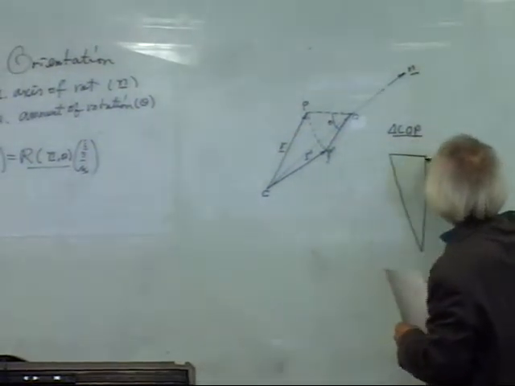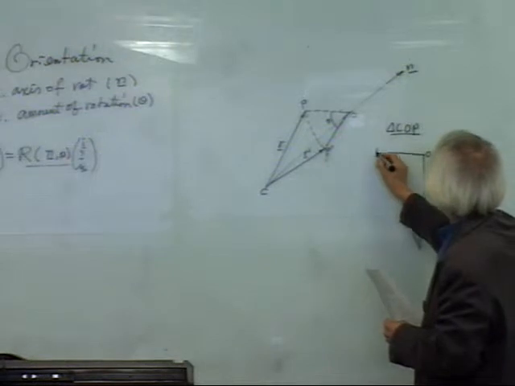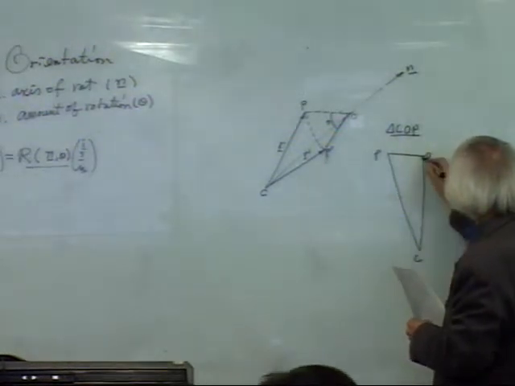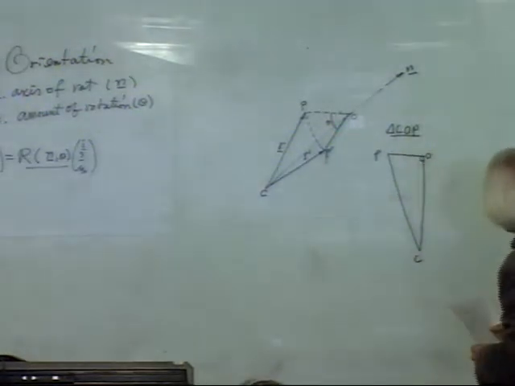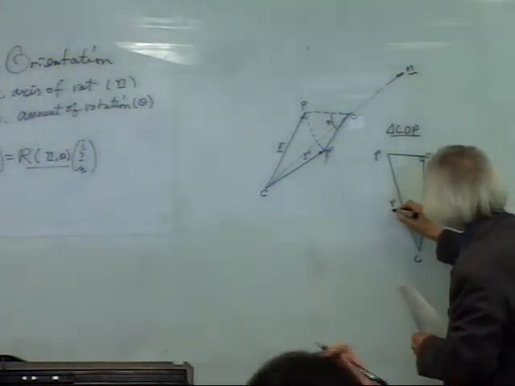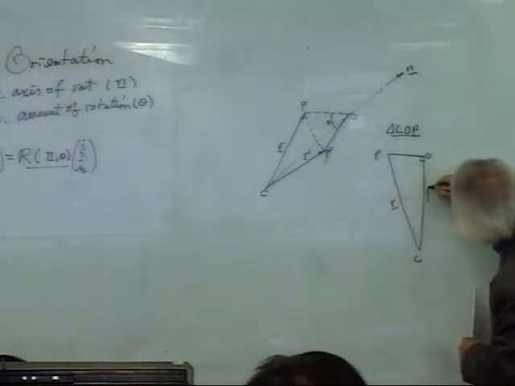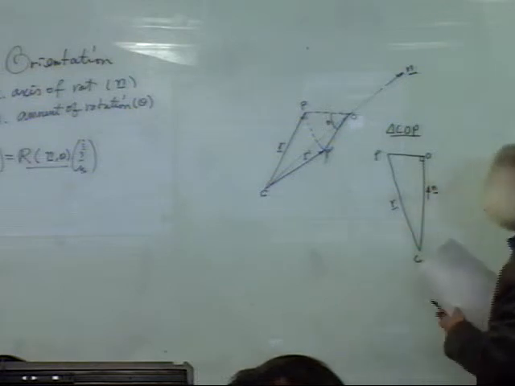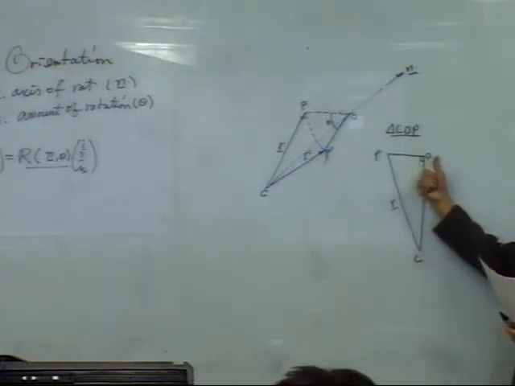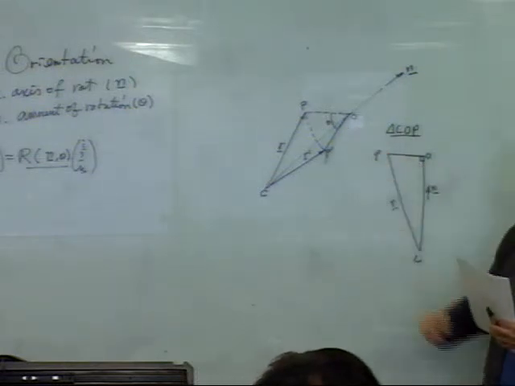So this is O, this is P, this is C. That's a right angle. So that one is r. There is a vector over here, the unit vector n. So I rotated this P like this by angle theta.